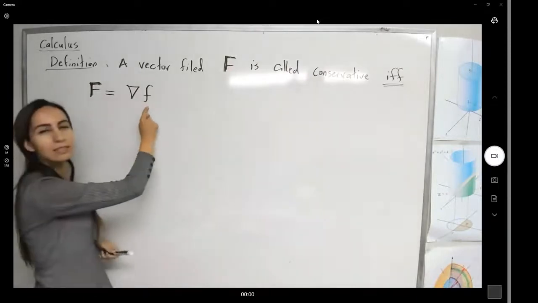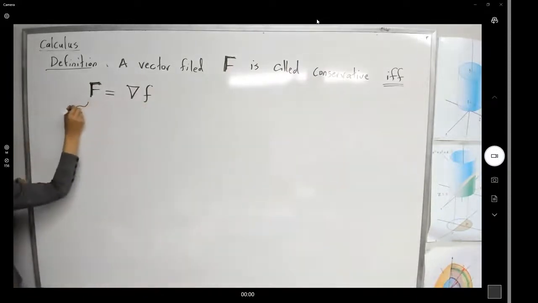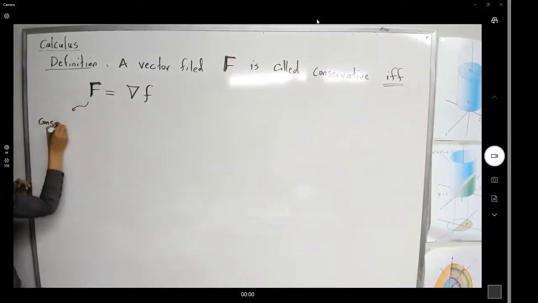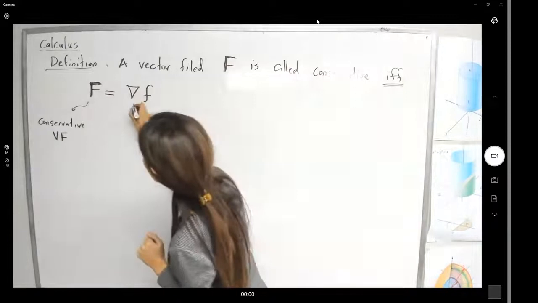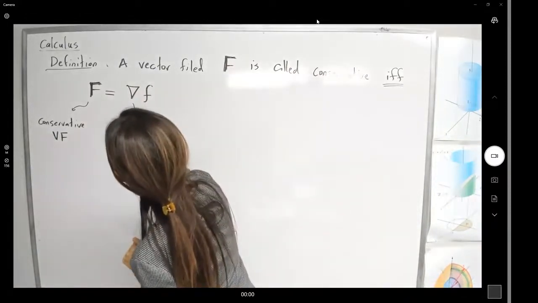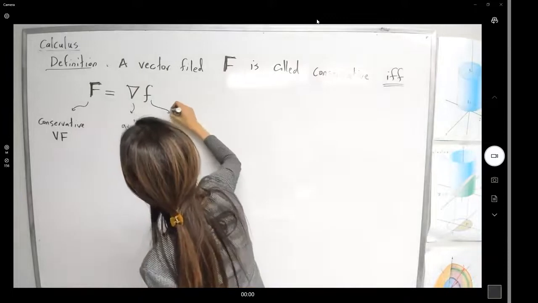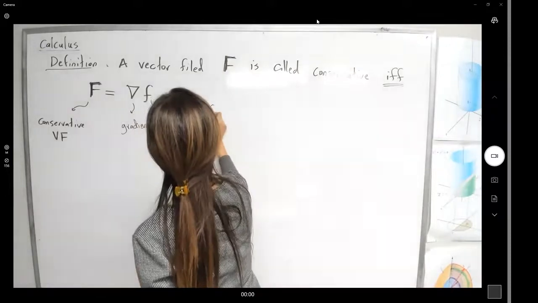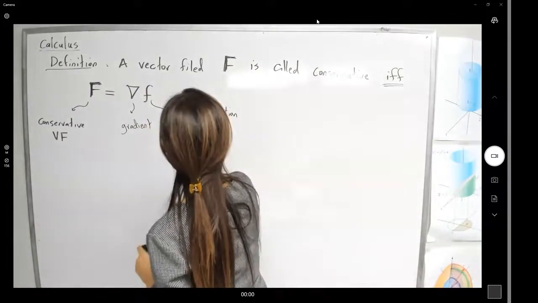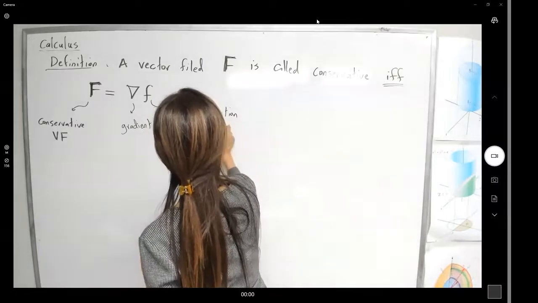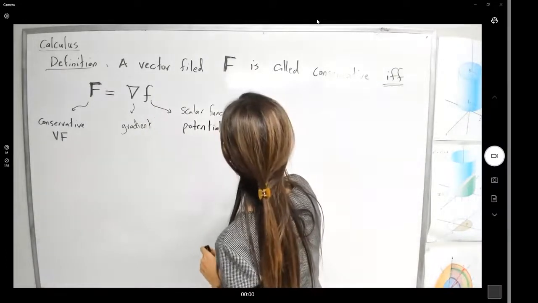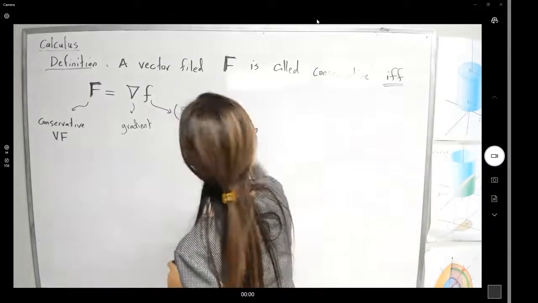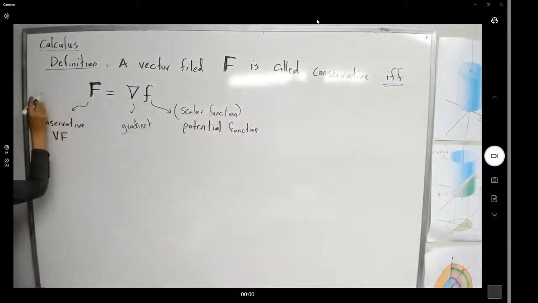This f is a scalar function. This is called a conservative vector field, VF, vector field equal to the gradient of a scalar function, which we call the potential function. So this is your vector function.